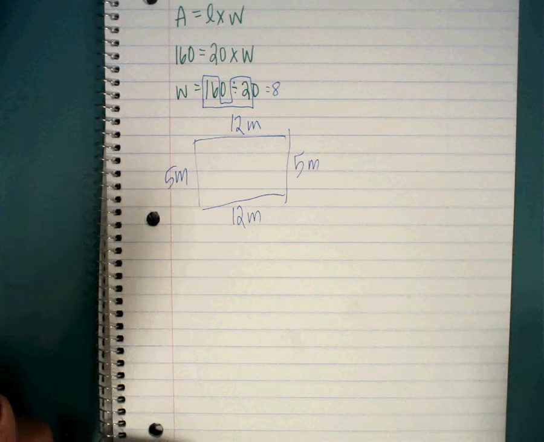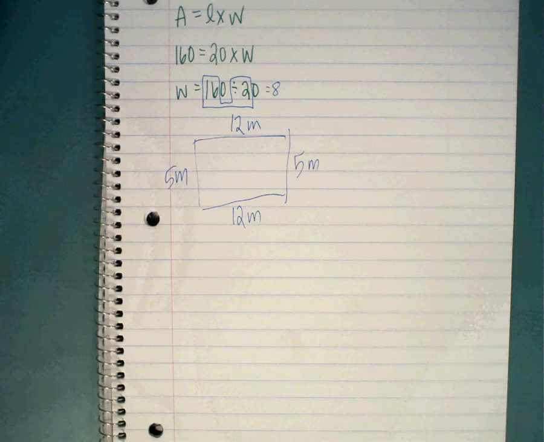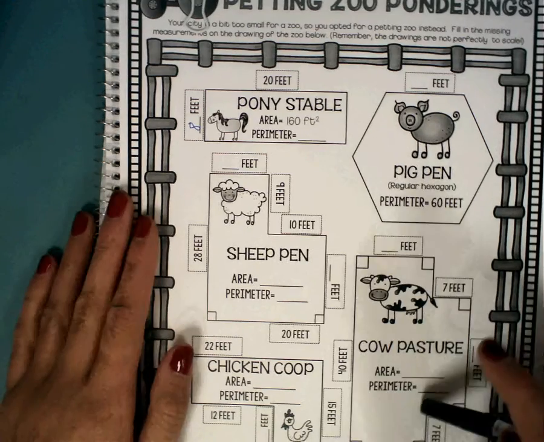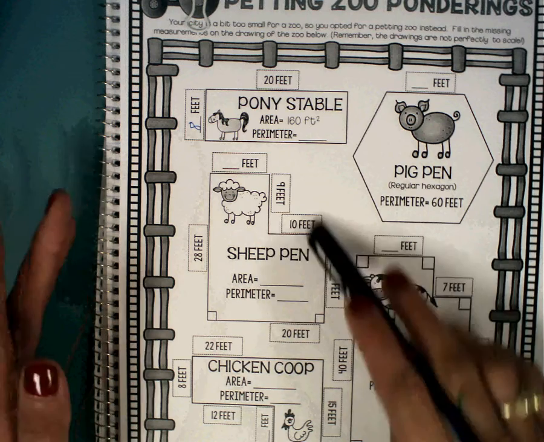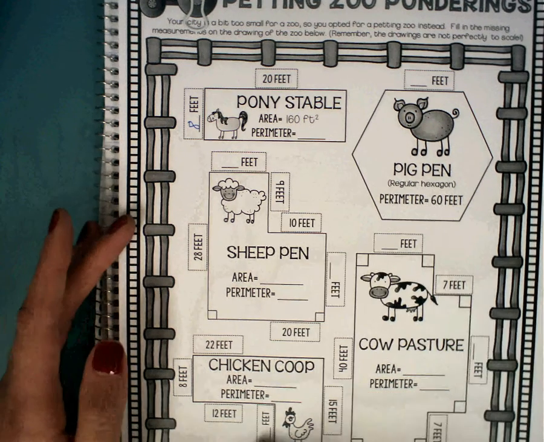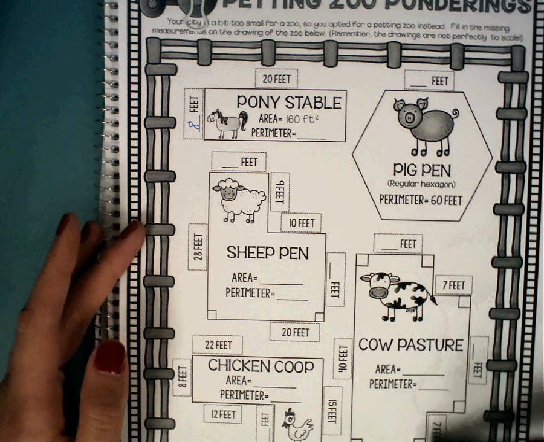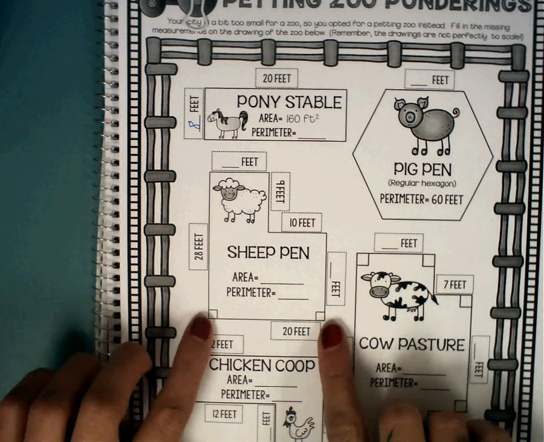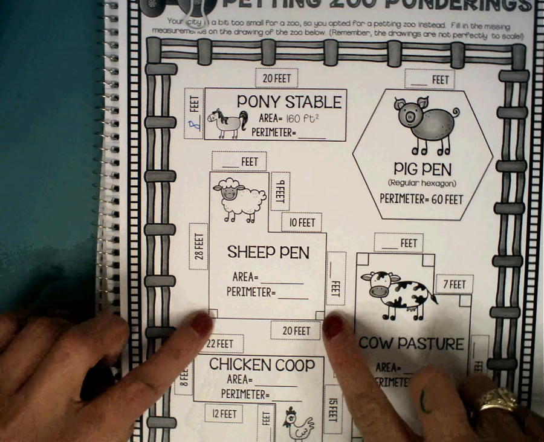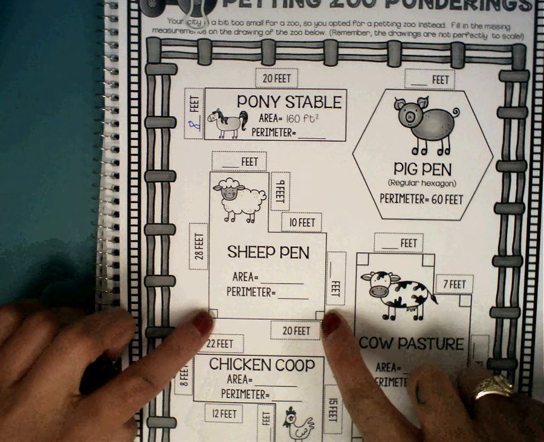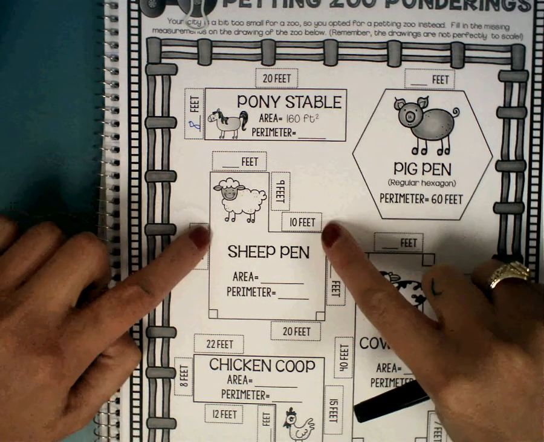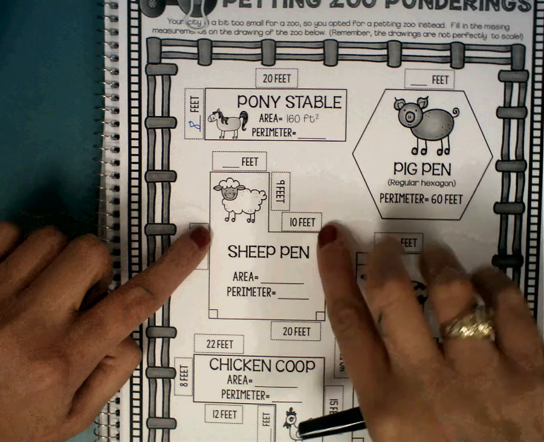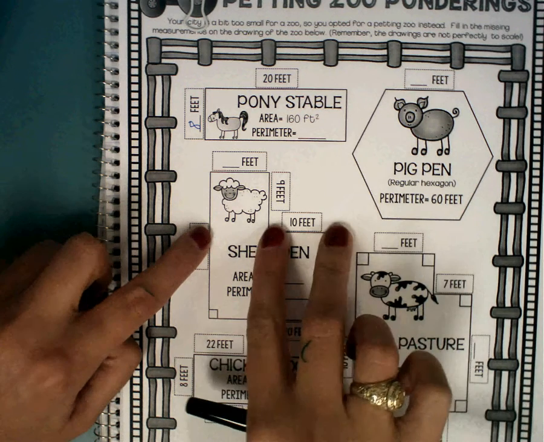Okay, so we're going to use that knowledge to look at these right here, because these are technically rectangles with a chunk missing out somewhere, or 2 chunks missing, okay? So if I know that this length right here is 20 feet, well, I know that from here to here has to be 20 feet as well, right? Well, if this is 10, then I should only need 10 more to get from here to here.